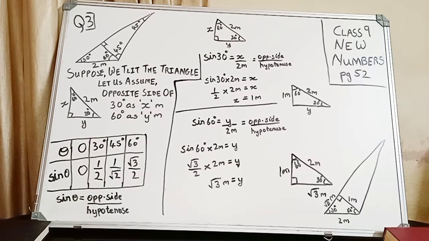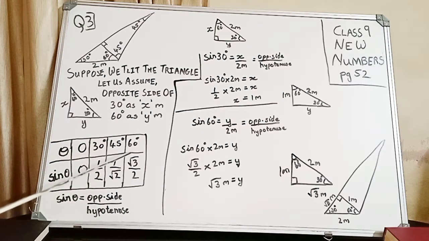So these two things you need to learn by heart. Firstly, from trigonometry this table. This table shows sine theta. Sometimes theta can be 0 degree, and sine 0 is 0. Sine 30 is half. Sine 45 is 1 by root 2.